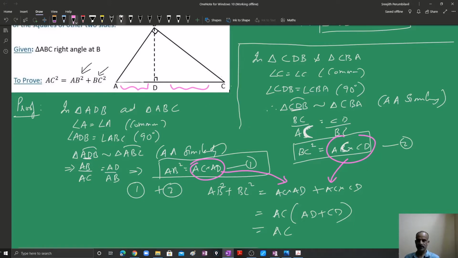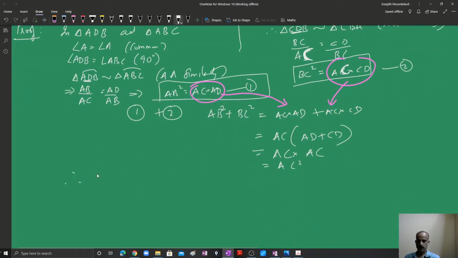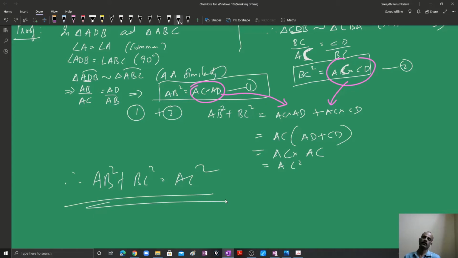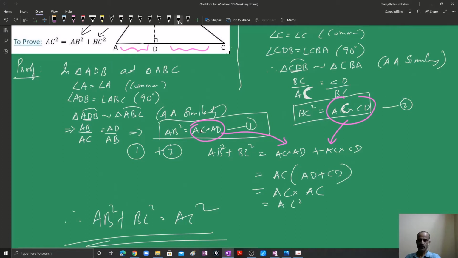That is nothing but AC. So AC into AC is equal to AC square. Therefore, AB square plus BC square is equal to AC square, and hence the proof. That is the proof for Pythagoras theorem.